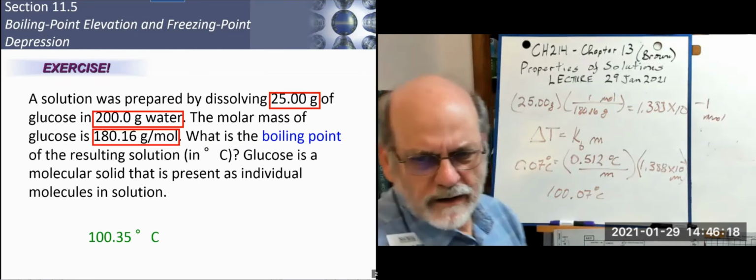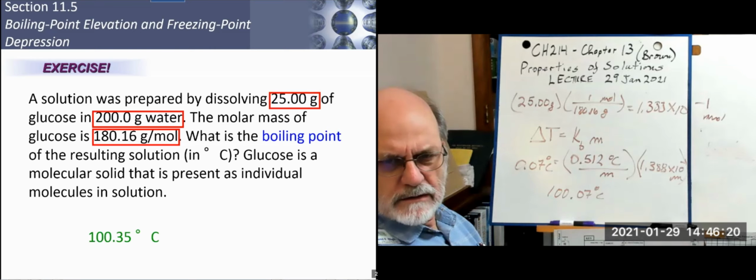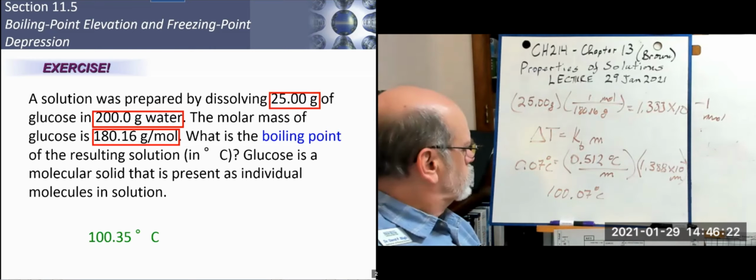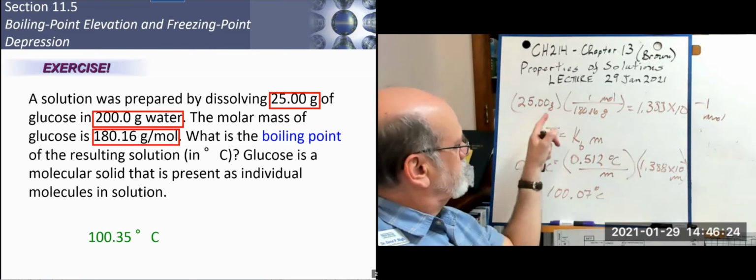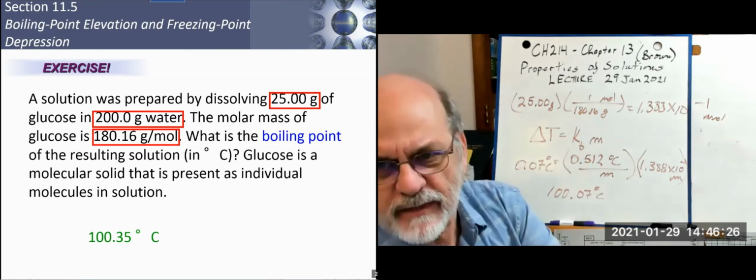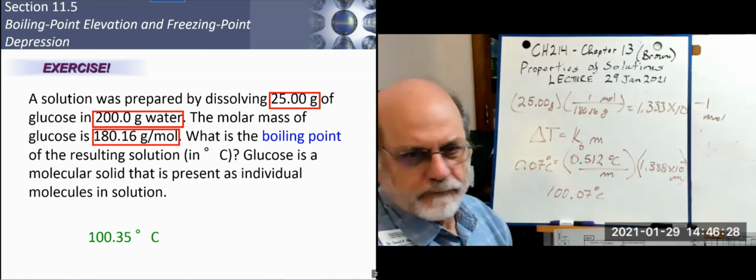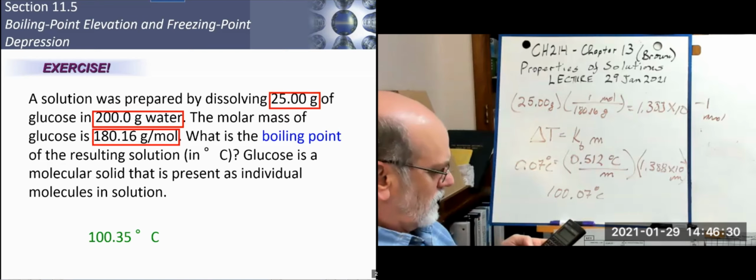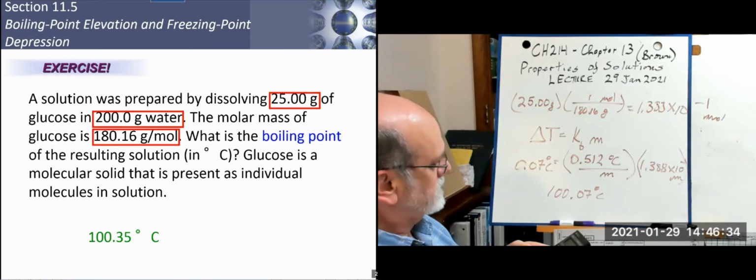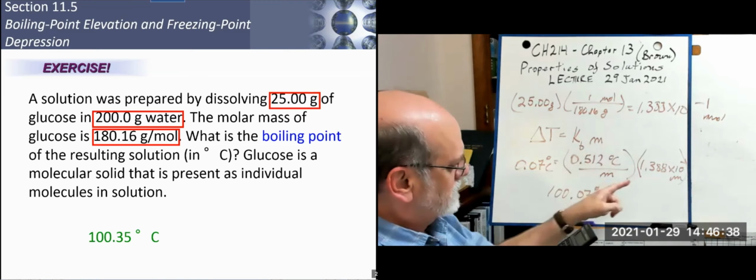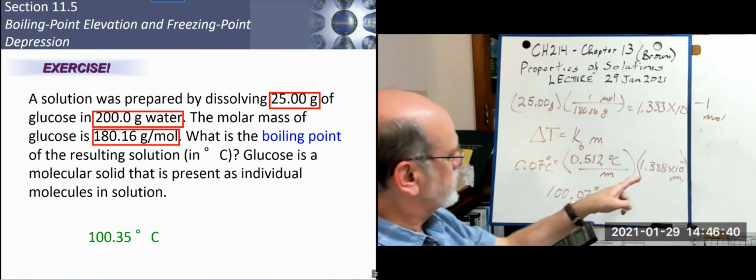No, I didn't do that right. Why didn't I do it right? Let's see if I did my calculations right. Hold on. 25,180.16 divide. That's right. I transposed it correctly.